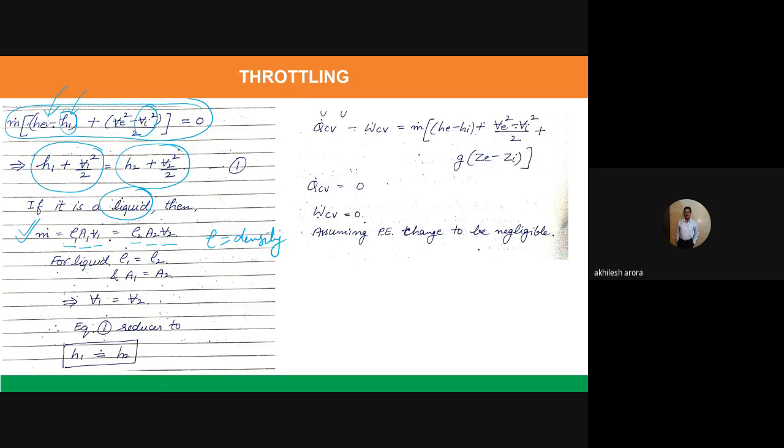A is the area of cross section, and V stands for velocity. If you multiply all these terms, you will get the unit as kg per second. So basically it is the mass flow rate, m dot.